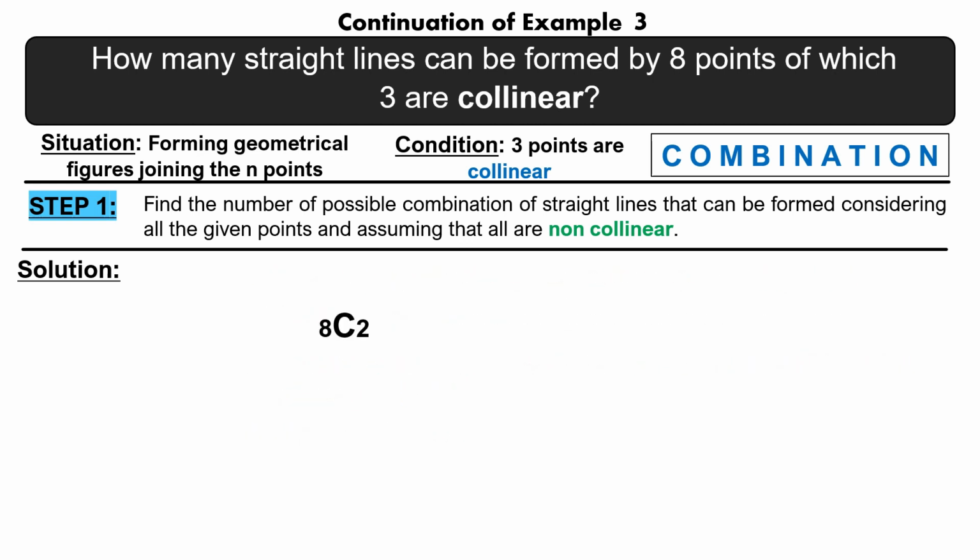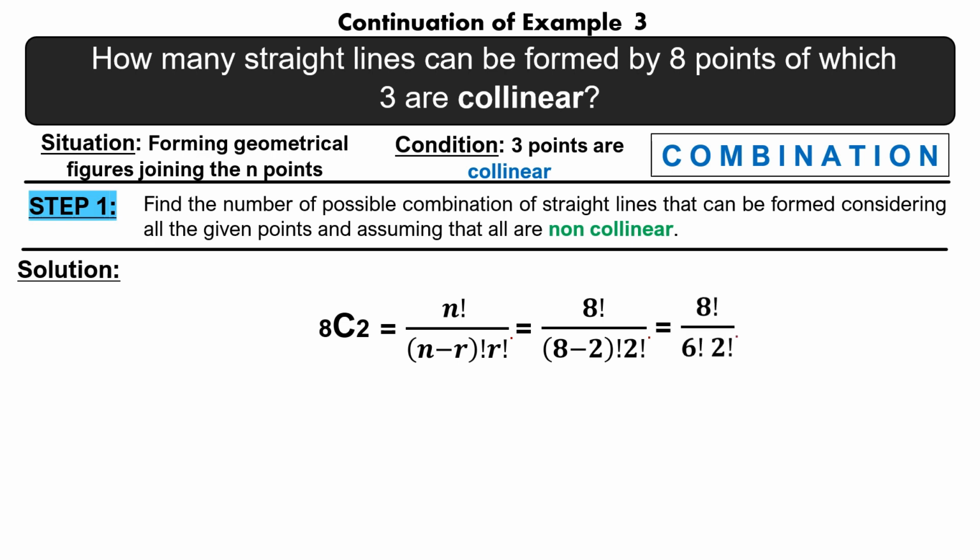And 8 choose 2 is equal to 8 factorial divided by 8 minus 2 factorial times 2 factorial, equals 8 factorial divided by 6 factorial times 2 factorial. Performing this will give us 28 ways. So, validate natin yung 28 ways na to through illustration.